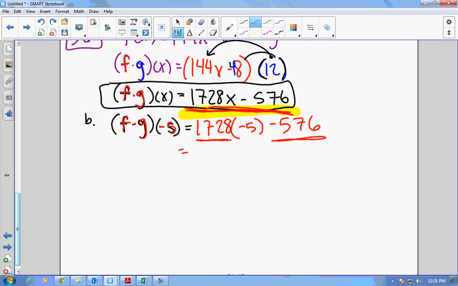Could you type it in now and see if you can get it right? Yep, thank you. Negative 9,216.